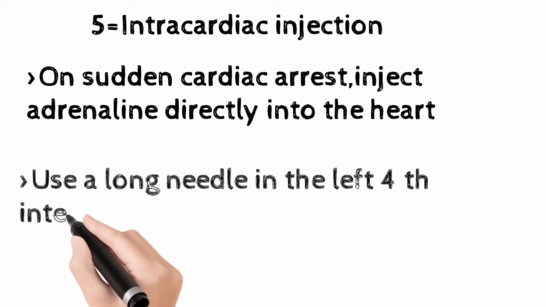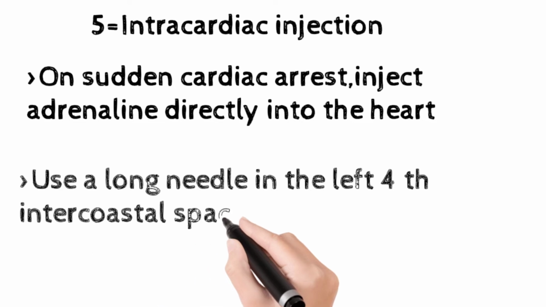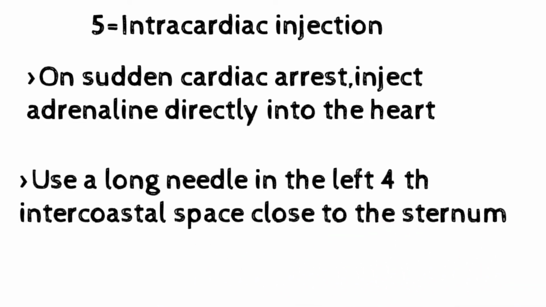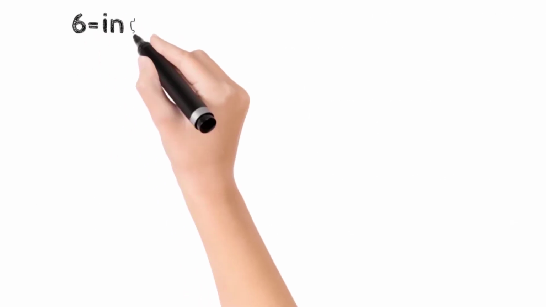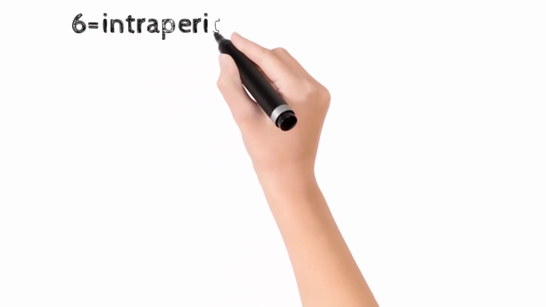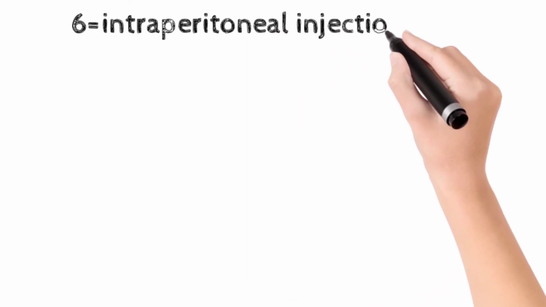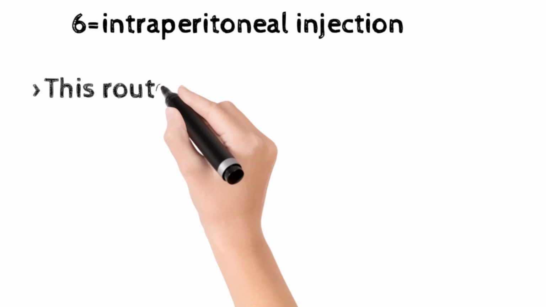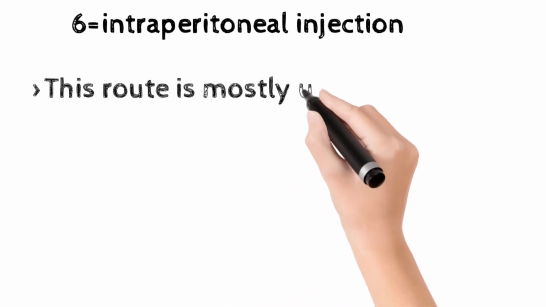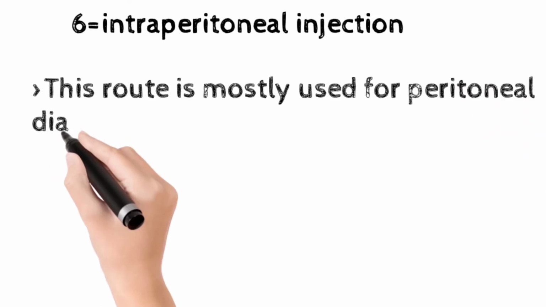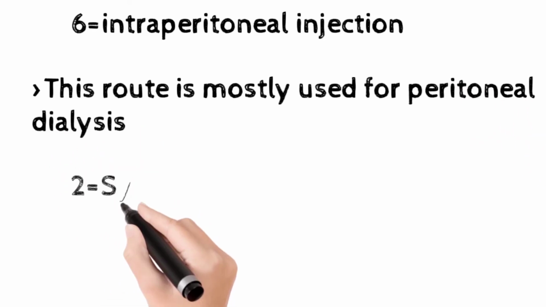Method: we inject a long needle into the left fourth intercostal space close to the sternum. Now come to the final, the sixth local injection method, the intraperitoneal injection. This route is mostly used for peritoneal dialysis method.